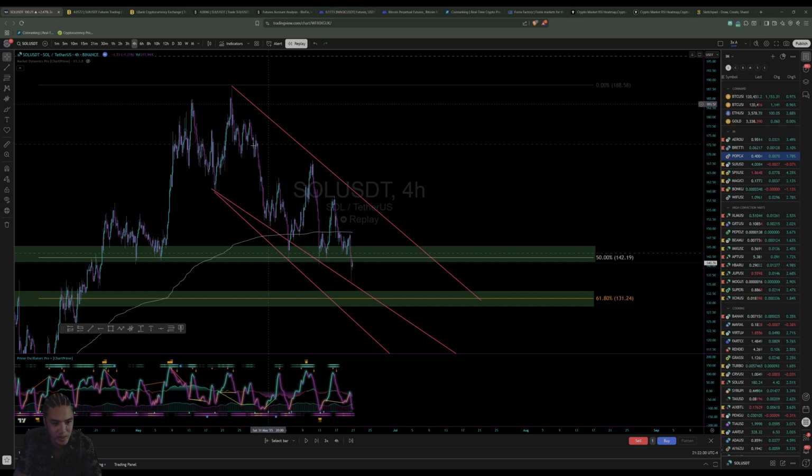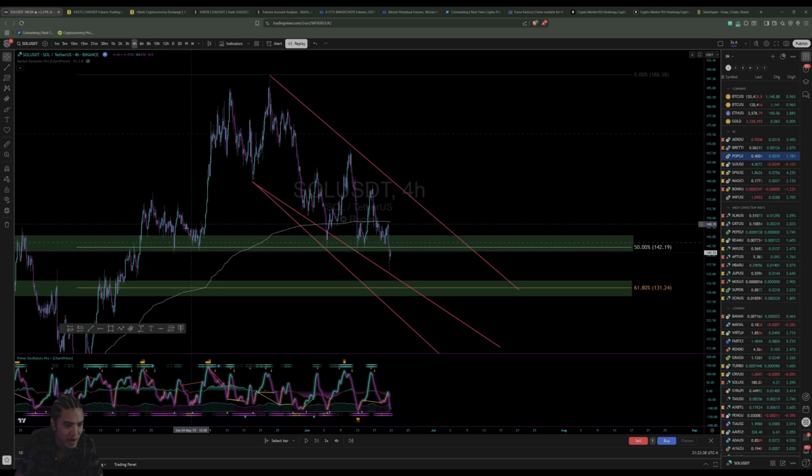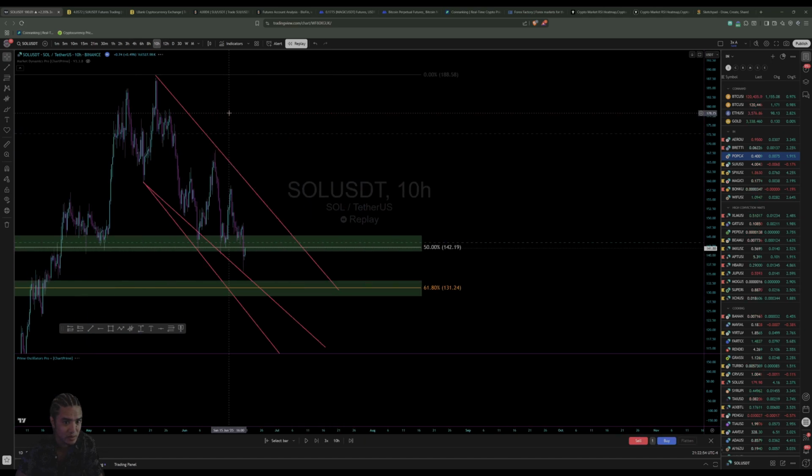I've messed it up so many times by being overly bullish on a 1-hour bounce. A 1-hour bounce could have been at the top, maybe here, and you're like, oh shit, yeah, we're going. But on the higher time frame, at the start of this move, that's when the downtrend happened.